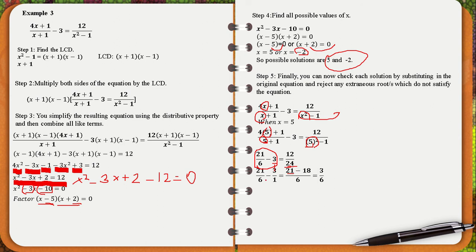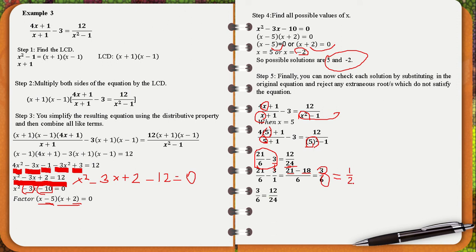Minus, kasi minus yun. 6 divided by 1 is 6. 6 times 3 is 18 over 6. So 21 minus 18 is 3 over 6. So 3 over 6, kapag na-reduce natin, magiging 1/2.